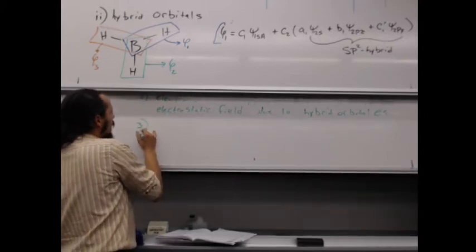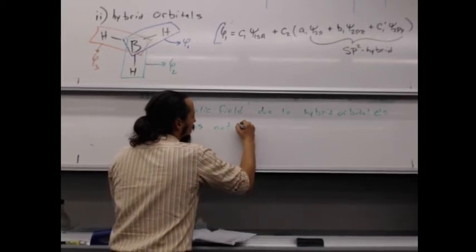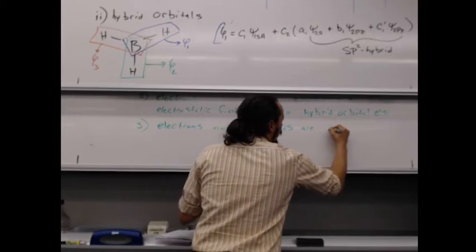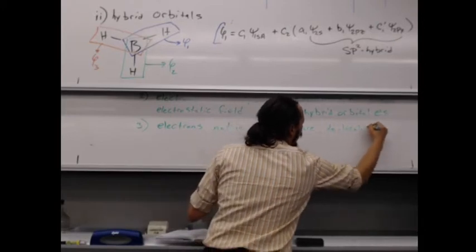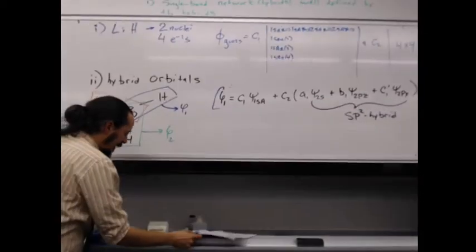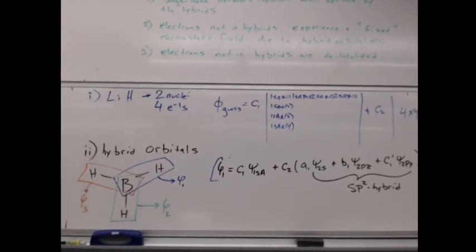The third thing is the electrons not in hybrids are delocalized. Three assumptions we need to make. These three assumptions, I've been using relatively broad terms in terms of electrons in hybrids, electrons not in hybrids. We usually give those two sets of electrons different names based on the rotational symmetry that we experience with them.